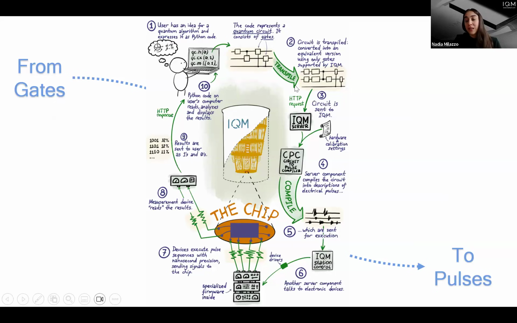We transpile, as Danny showed us this morning, so we translate it to something that our computers can understand. And then that's it. We see up to this point, and then we jump here where we have our results, our strings of zeros and ones, and we do whatever we want with these results. But in the middle, there is all this way to go down and up again. So now we will focus on this compilation step to understand what happens after transpilation.